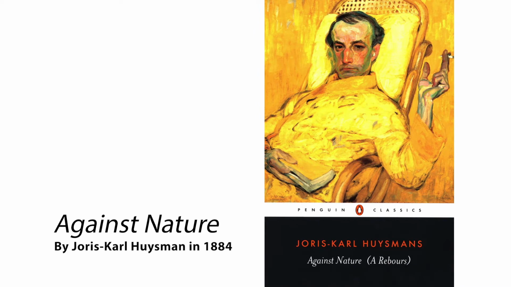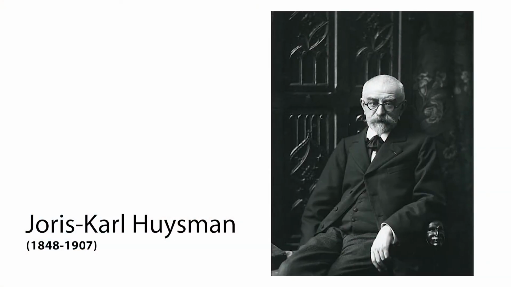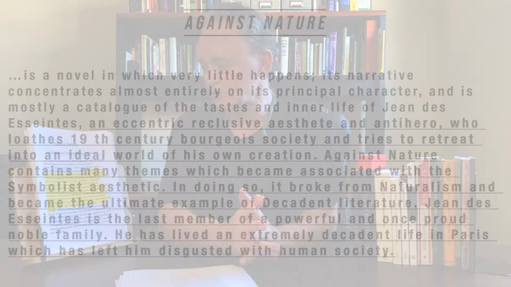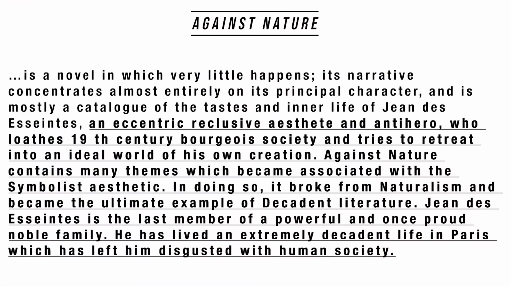The hero of the book, Des Esseintes, is described as a reclusive aesthete and anti-hero who loathes 19th century bourgeois society and tries to retreat into an ideal artistic world of his own creation.